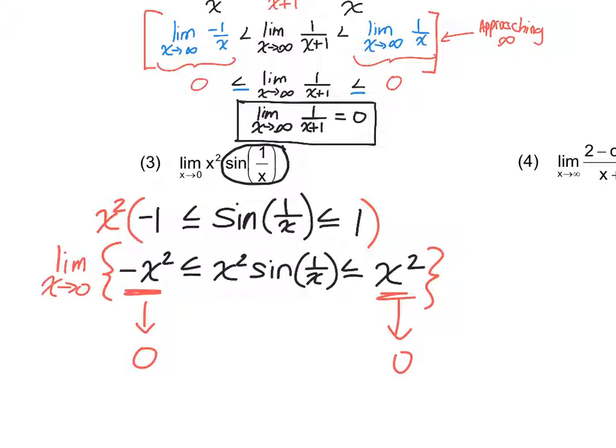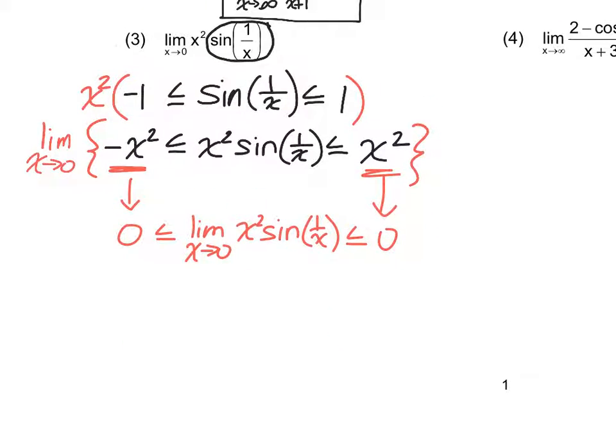Also 0. All right. So limit as x approaches 0 of x squared sine of 1 over x is less than or equal to 0. So that function has a limit that's in between 0 and 0 inclusively. And so that's what our limit's going to be.